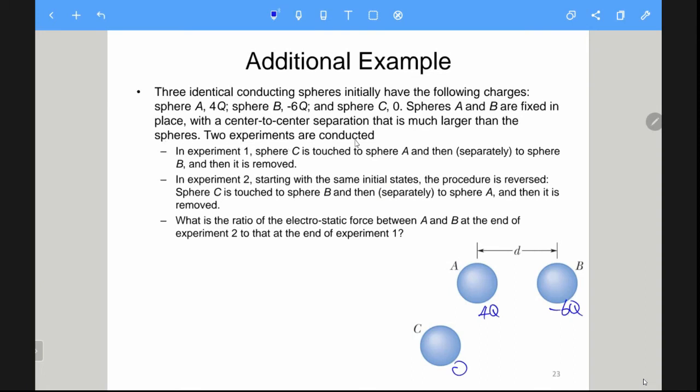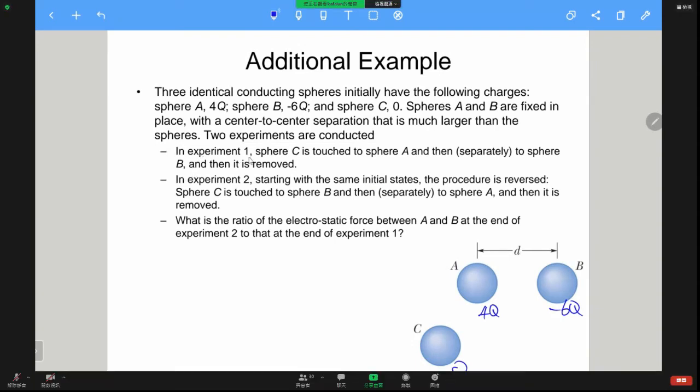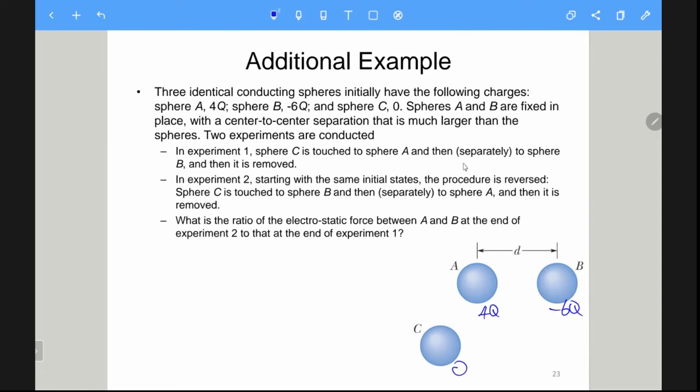Two experiments are conducted. In experiment 1, sphere C is touched to sphere A, then separately to sphere B, and then removed. Then we have another experiment. What is the ratio of the electrostatic force between A and B at the end of experiment 2 compared to the end of experiment 1?